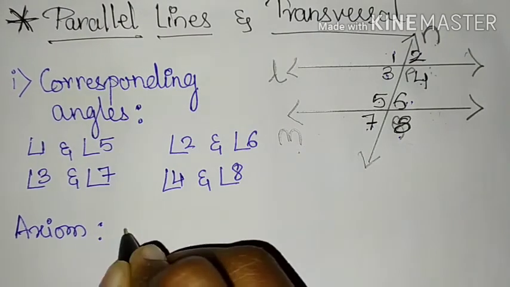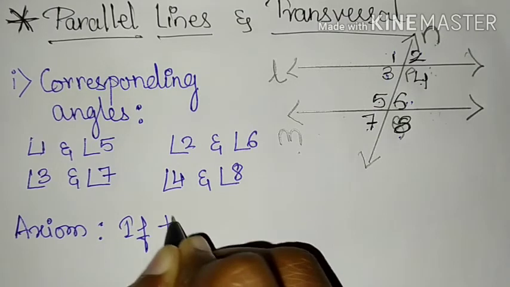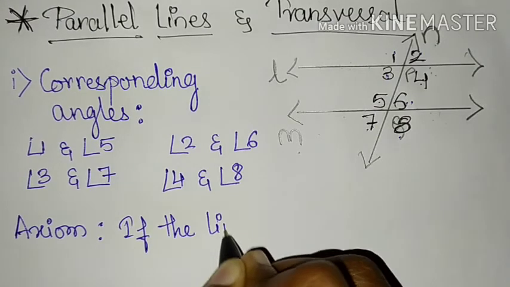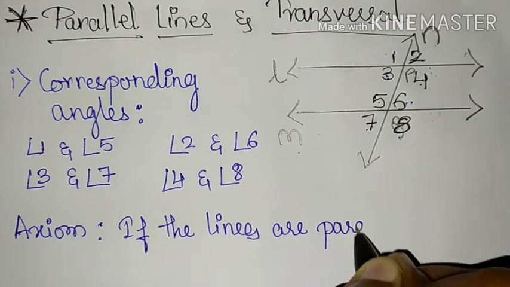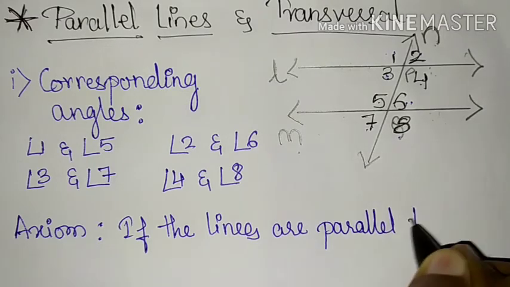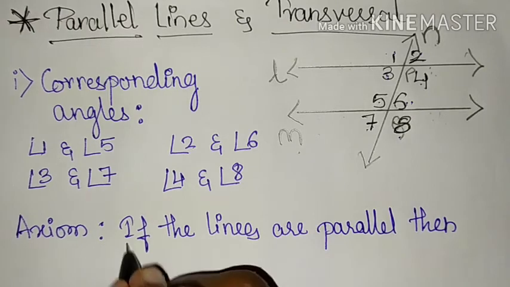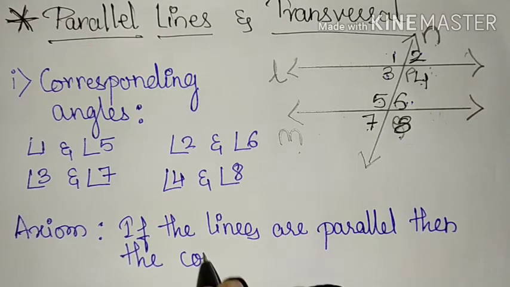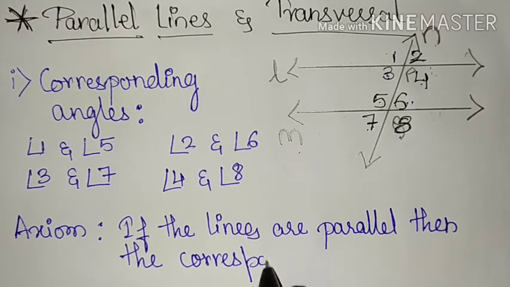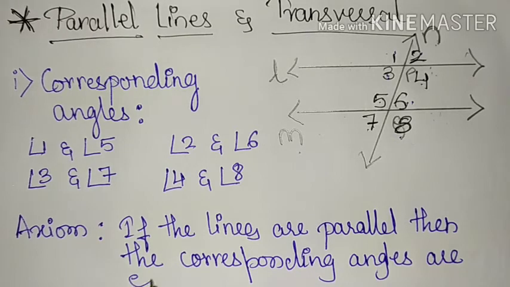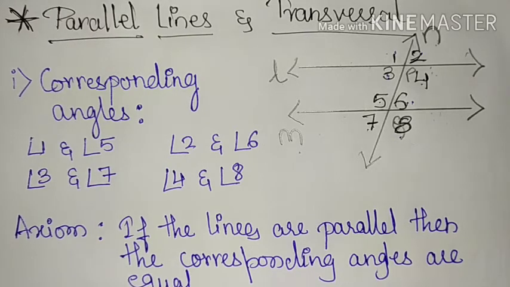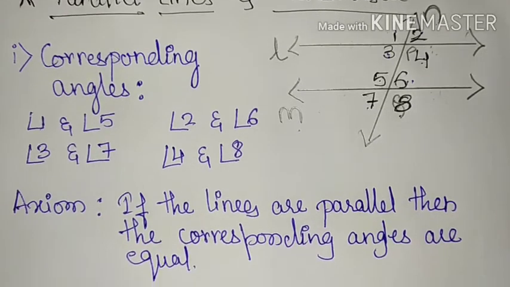It says that if the lines are parallel, then the corresponding angles are equal. That is the axiom of corresponding angles.